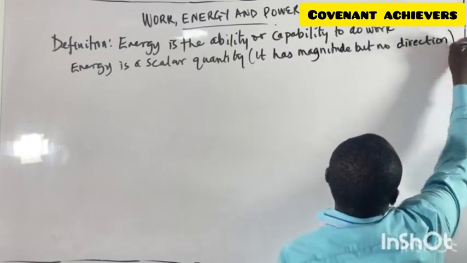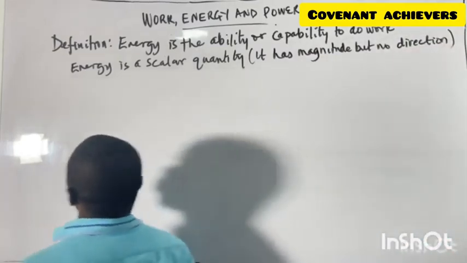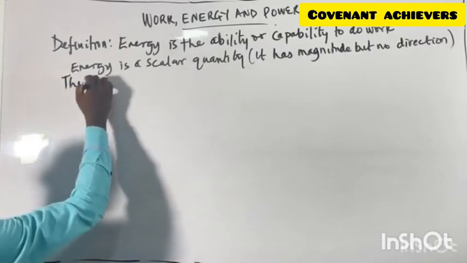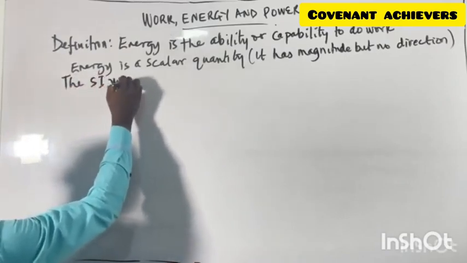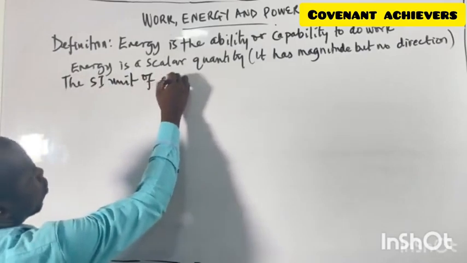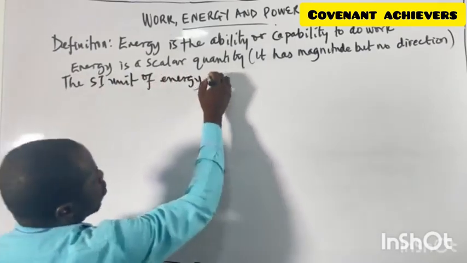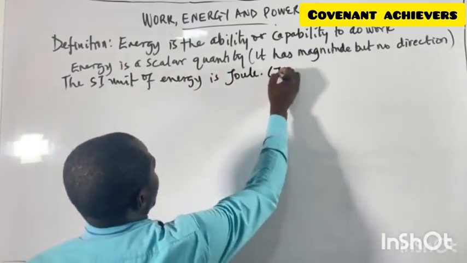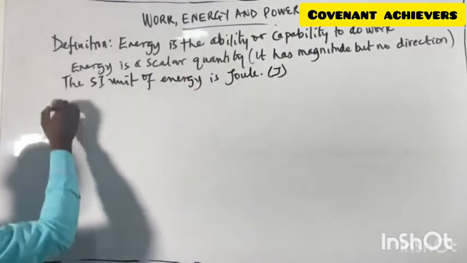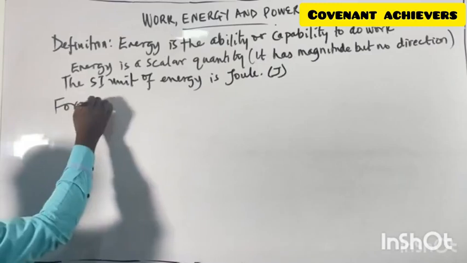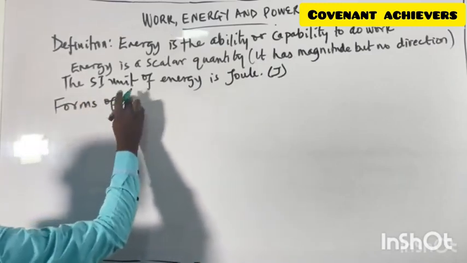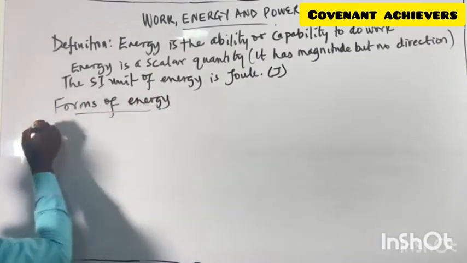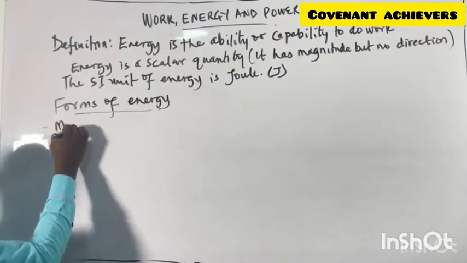We are also going to look at the SI unit of energy, which is the joule. And we have forms of energy. So what are the forms of energy that we have? We have mechanical energy.